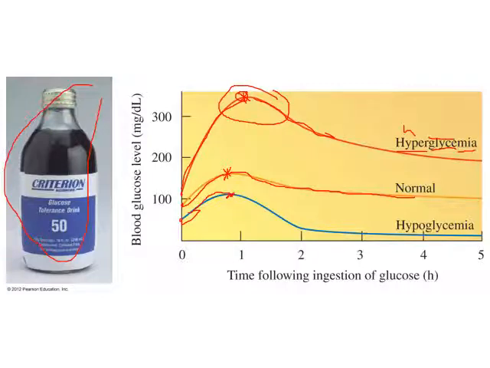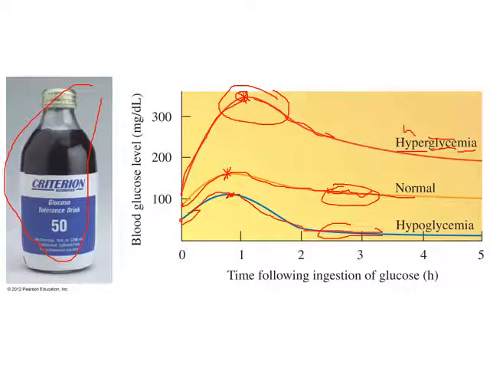Now the opposite happens down here. When you take it, it gets into your blood, and then your body just sucks it up and takes the glucose out of your blood completely, which is not a good thing, because you need a certain amount of glucose in your blood to keep your brain working all the time.